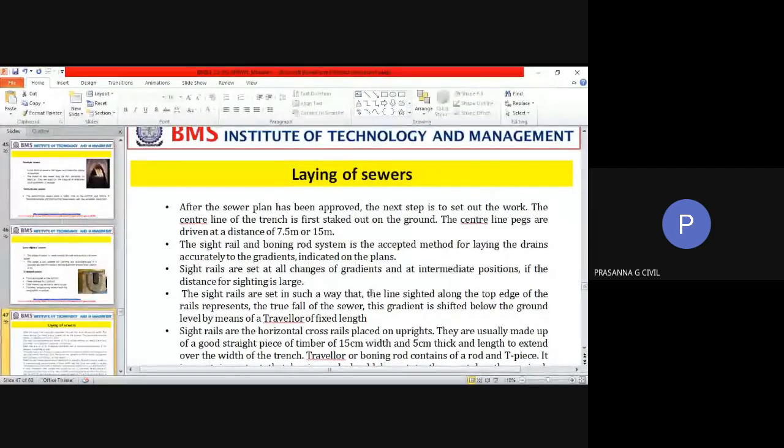So today we need to look at how the sewers are being laid. So we have seen that there are various types of sewers. The main sewer, which will be carrying the maximum amount of wastewater.